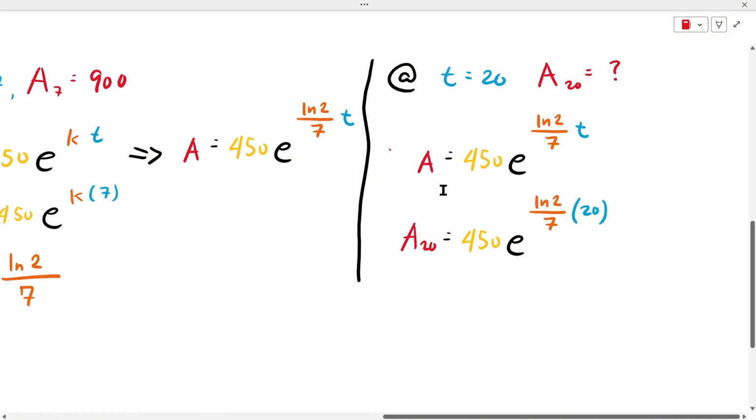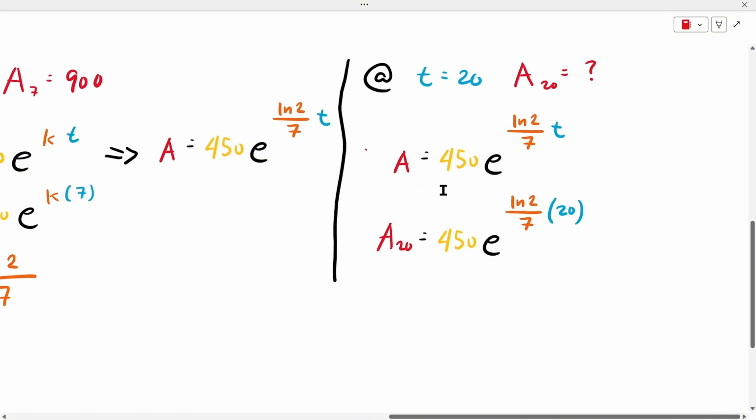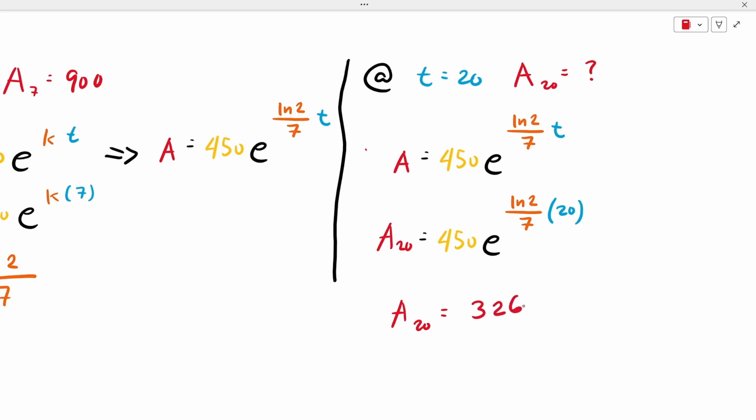If we evaluate this, the answer will be A sub 20 equals 3000, rather, 3260.6051.